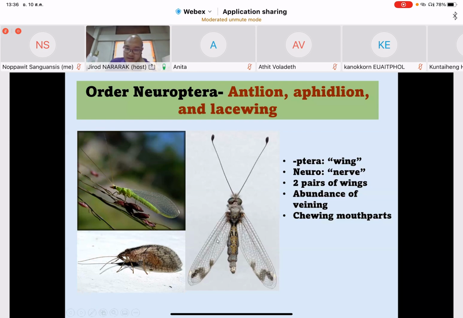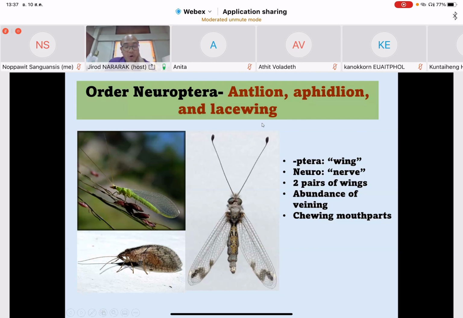When you identify that, you have to look clearly. What is the difference between Odonata and Neuroptera, except the wing? How do you identify that this is Neuroptera? You can see the antenna.